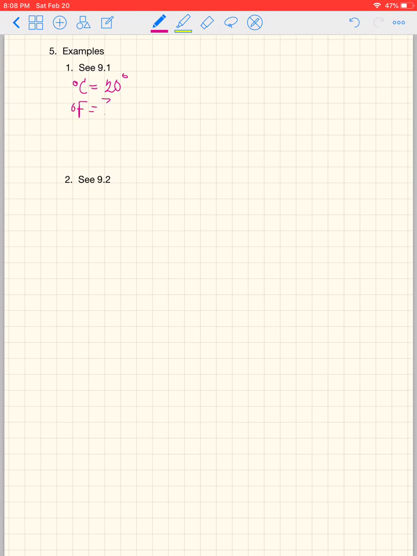It's just a quick application of F is equal to 9/5 C plus 32, which is the same as 9/5 times 20 plus 32. And you end up with 68 degrees Fahrenheit.